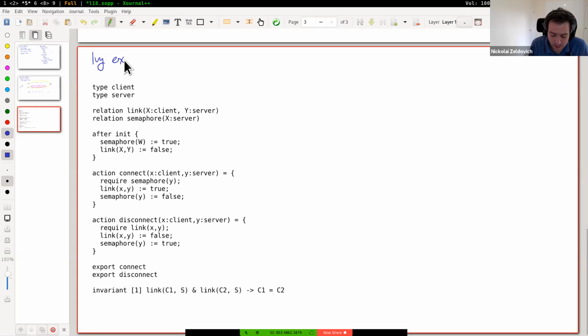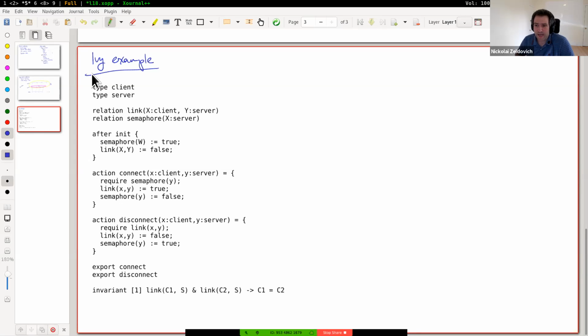This is the lock protocol that the I4 paper talks about. This is an example that came out of the Ivy examples that the Ivy developers worked on. As far as I can tell, most of the protocols that I4 verifies come out of the Ivy repo.